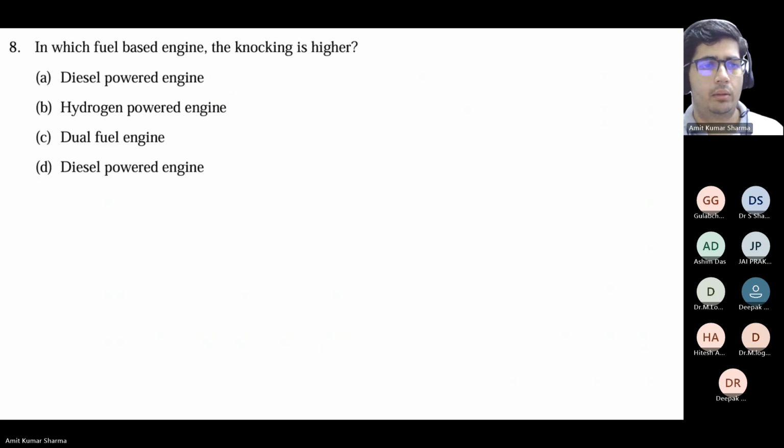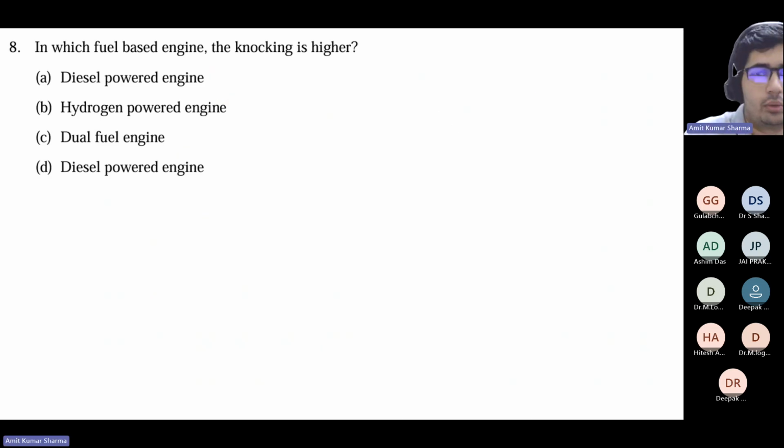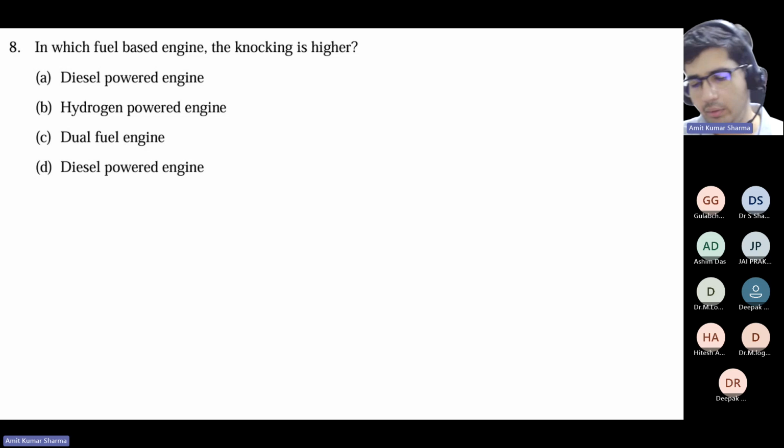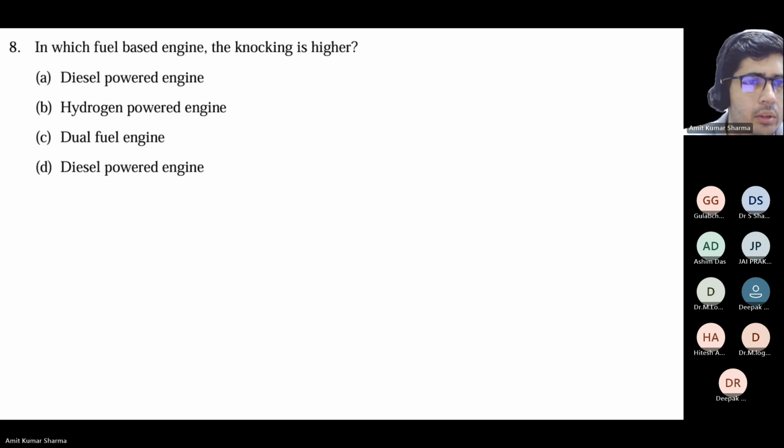Basically, your fuel will ignite before its time. We have stroke timings for the combustion, so the fuel will ignite early and you will hear a sound called knocking. So the hydrogen powered engine knocks due to the flammability and high flame velocity.